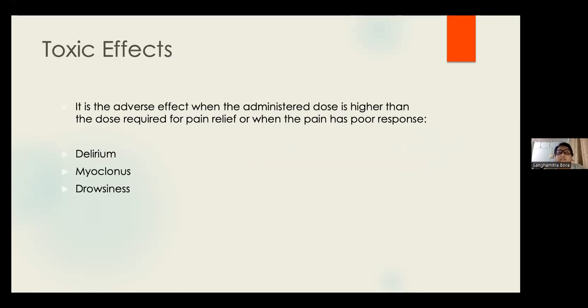Coming to toxic effects, these are the adverse effects when the administered dose is higher than the dose required for pain relief, or when the pain has a poor response. So there are two extremes to the occurrence of toxic effects. One would be where the dose given is on a higher range, maybe around 16 milligrams is required, but we landed up giving around 80 to 90 milligrams, and that has caused the adverse effect.